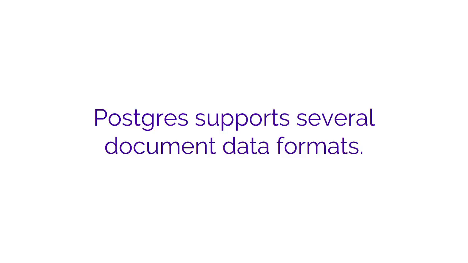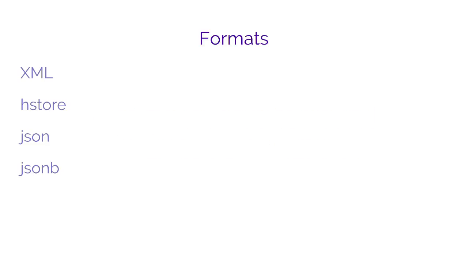So there are several different data formats in Postgres. And the four that I'm going to go over here are XML, Hstore, JSON, and JSON-B. And fun point, that B stands for better, since it is a better format. Coincidentally, the JSON-B format is also a binary object in the database.